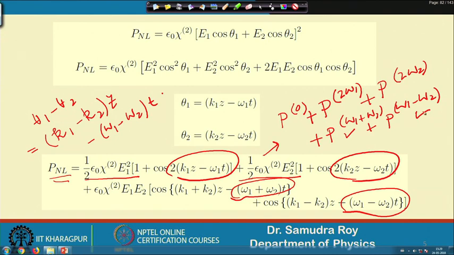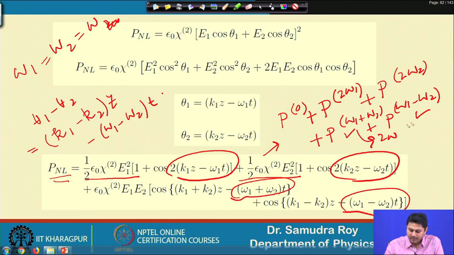One thing one can also understand is that if omega 1 and omega 2 are the same, that means omega 1 is equal to omega 2 is equal to omega, then this term will become 2 omega and this term becomes 0. So, everything will collapse. 2 omega 1 will become 2 omega, 2 omega 2 will become 2 omega.